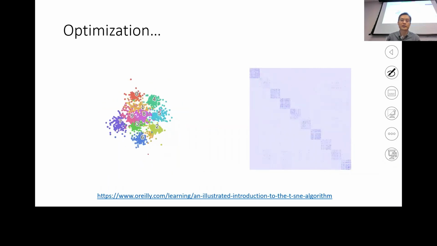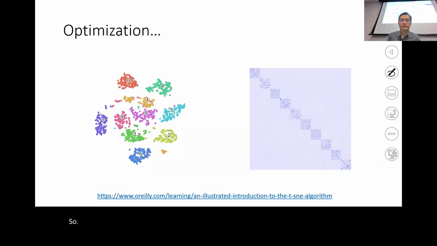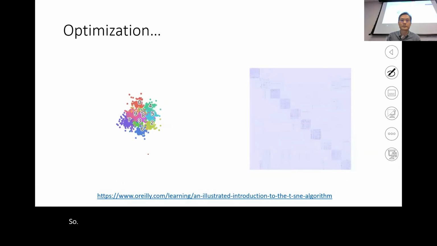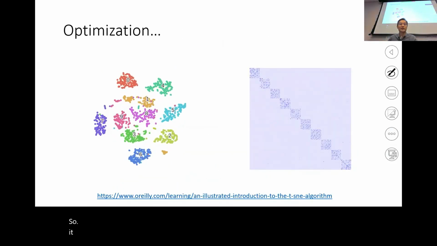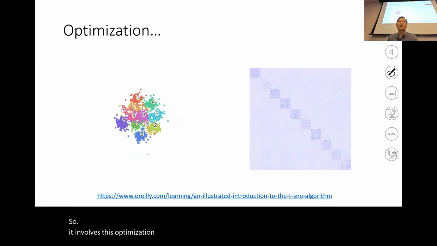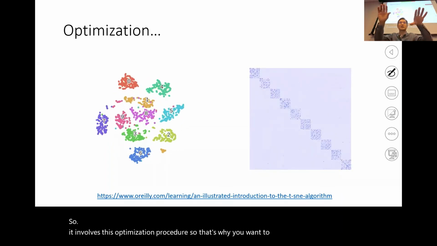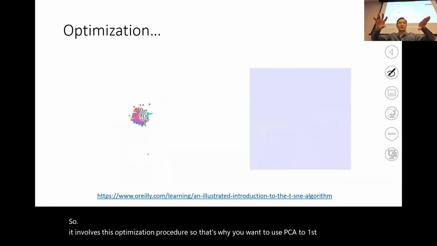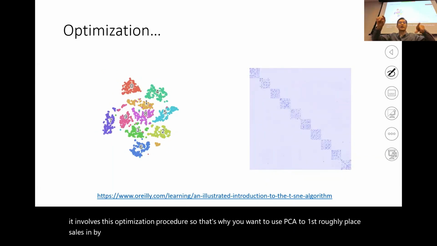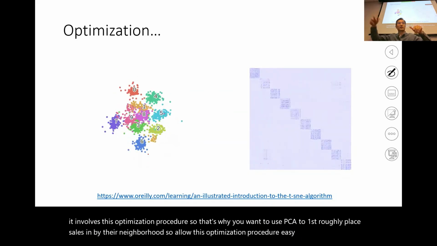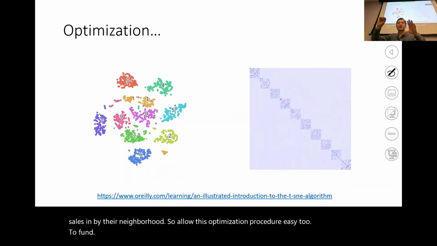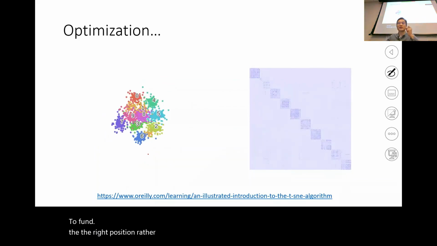Okay, so that's t-SNE. It involves this optimization procedure. That's why you want to use PCA first to roughly place cells by their neighborhood, so this optimization procedure can easily find the right position rather than a purely random shuffle.